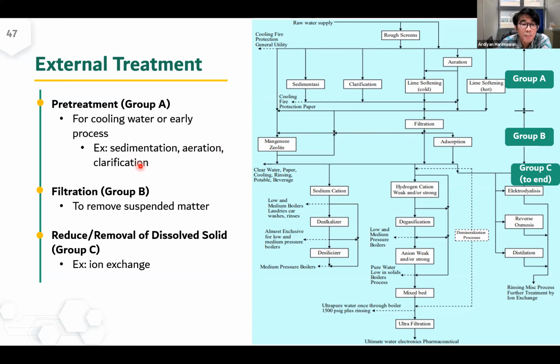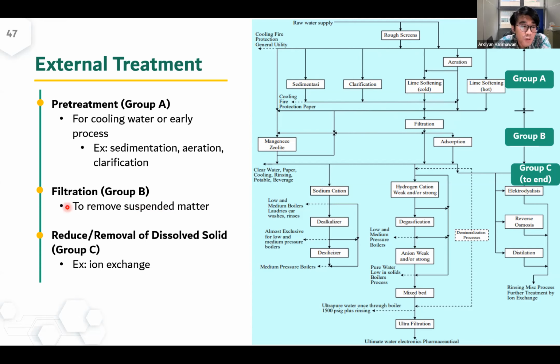The main purpose is to separate the suspended solids, or to reduce the smell and reduce the hardness, something like that, so the water is easy to be employed. It can be done in the first step, although there are quite a number of operations that you can choose, depending on the purpose.